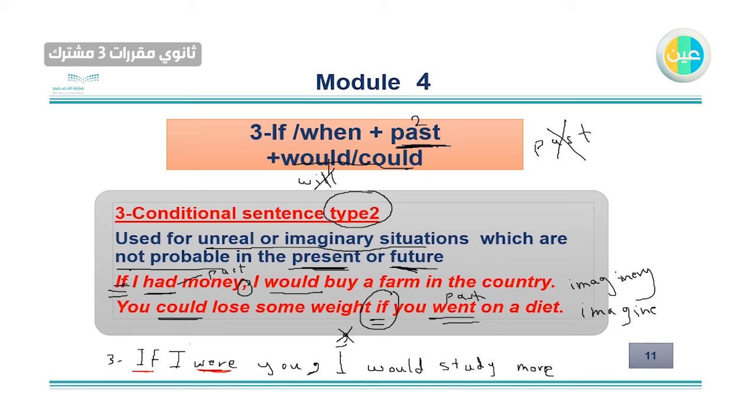Why I use here the past? Because it's something impossible. I can't, okay? I'm just what imagine. If I were you, I give you advice. What can I do? I give you my opinion, okay? So if I were you, I would study more. And be careful, student, usually we use here what?